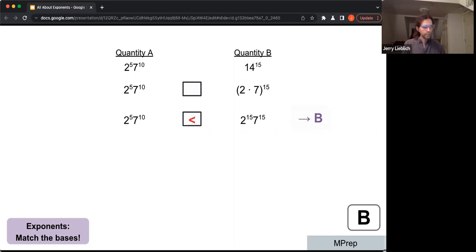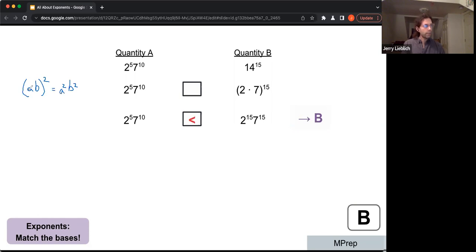So the rule here, which we didn't talk about before, is if I've got, say, AB squared, that's going to be equal to A squared B squared. And the same goes in the other direction.